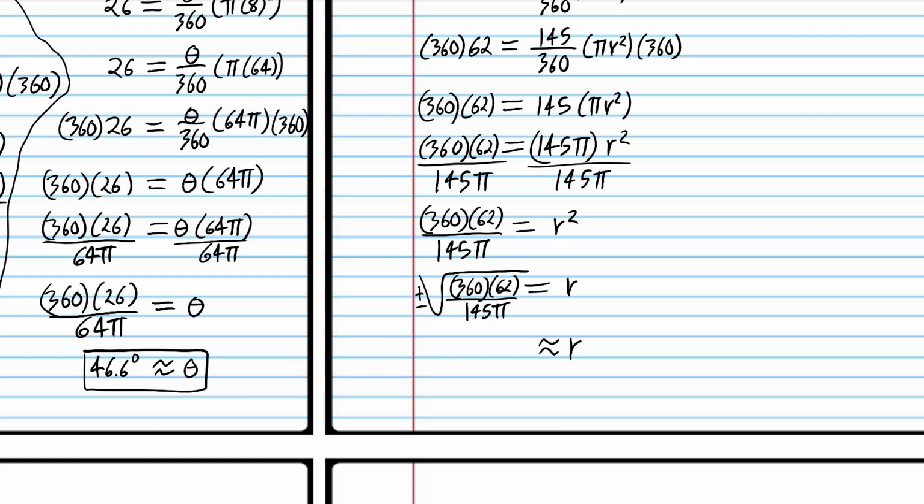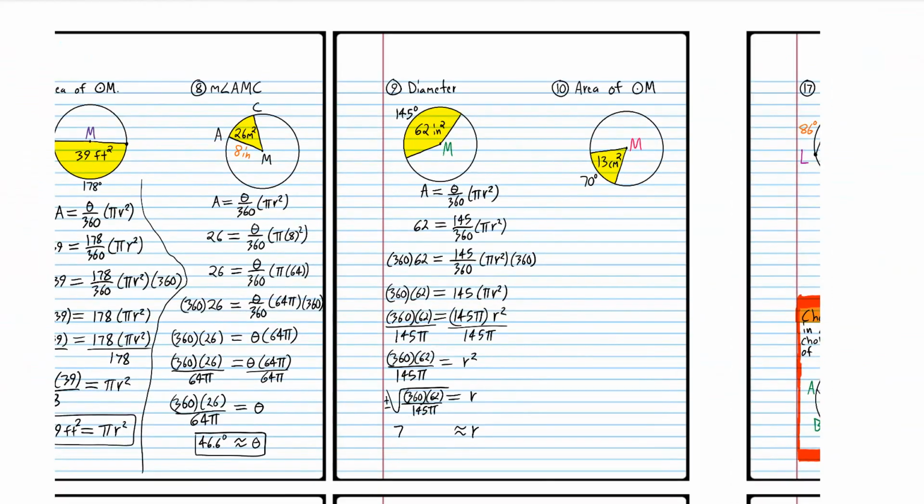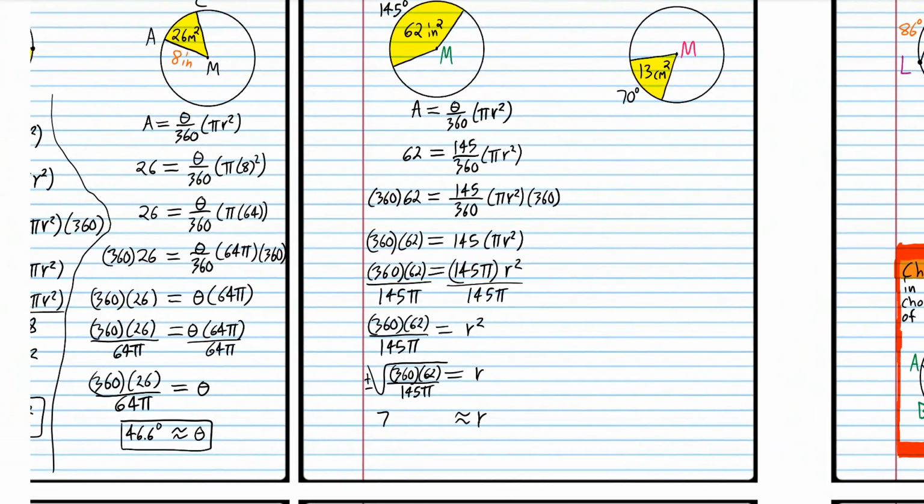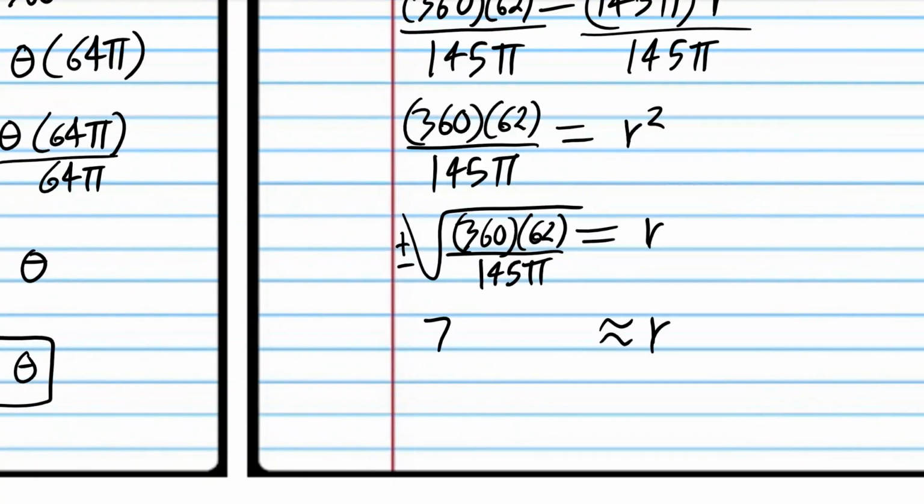So rounding off to the nearest tenth place, that's kind of a different rounding problem. But again, we're not teaching how to round in this course. That should be something that you know by now. You can always review in my arithmetic course. So 7 inches. Oh, wait a second, I'm sorry.